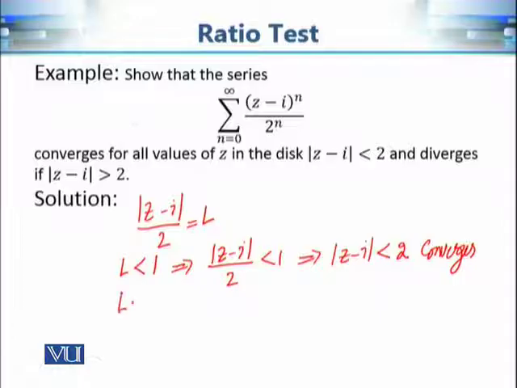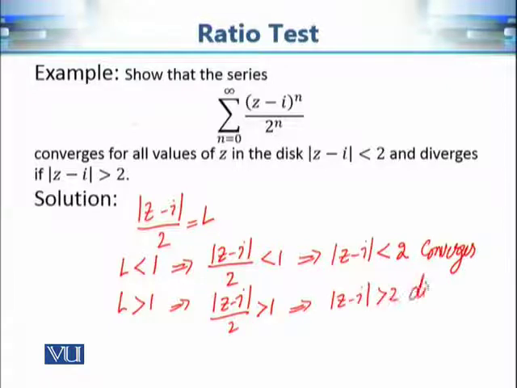And of course when L is strictly greater than 1, this implies the modulus of z minus iota divided by 2 is strictly greater than 1, which implies the modulus of z minus iota is strictly greater than 2. And when L is strictly greater than 1, the series diverges. So we have got our desired result that whenever the modulus of z minus iota is less than 2, the series converges, and whenever the modulus of z minus iota is strictly greater than 2, then the series diverges.